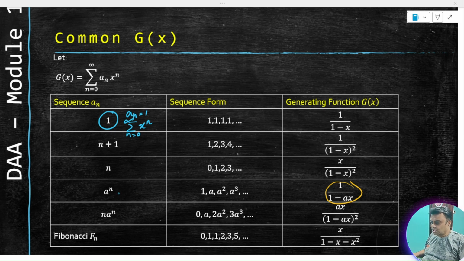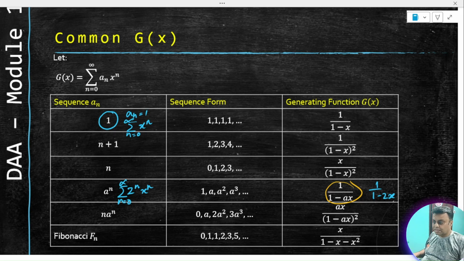A is equal to 2 here, which means that this will be sigma n equal to 0 to infinity, and my an remains as an. So because a is 2 here, this becomes 2 to the power of n, x to the power of n. Because a is 2, 1 by 1 minus 2x is what you got.